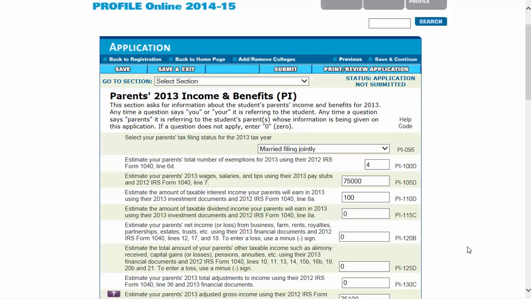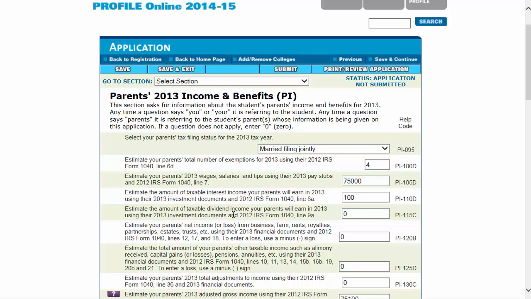So remember, for this particular application, at the registration step, I said that I had not yet filed a tax return for 2013. So it is telling me in all of these instructions, it's giving me ideas about where to look to estimate those figures.